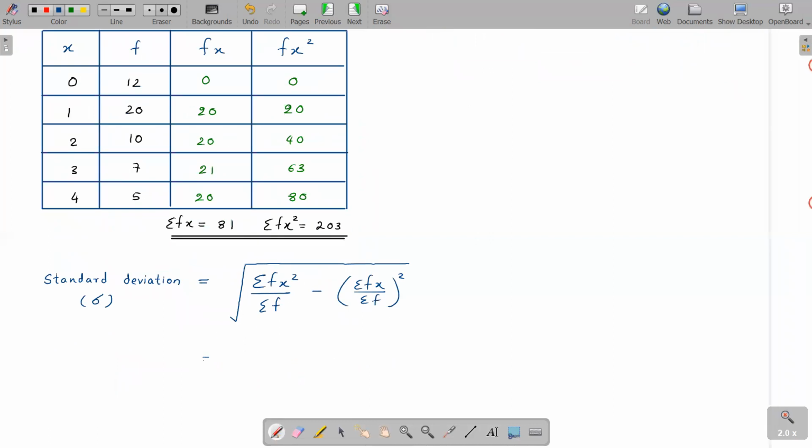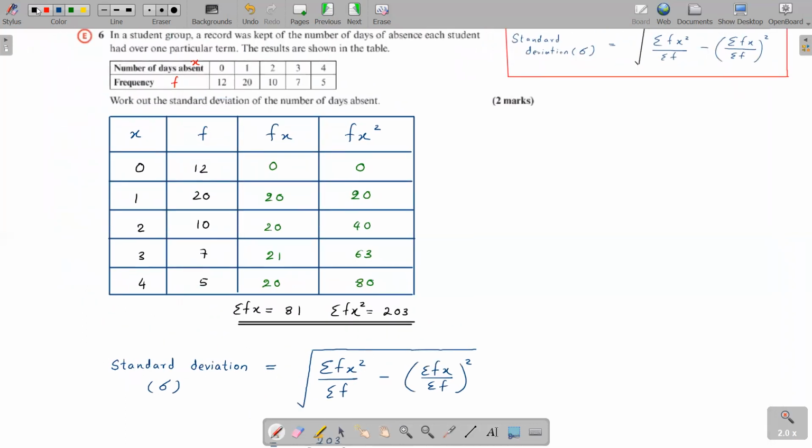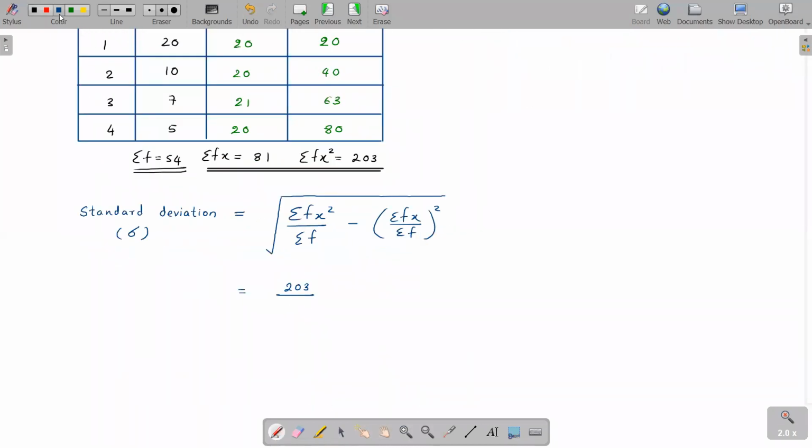So sigma fx square is 203. Sigma f, how much is the total frequency, by the way? I didn't add that. Total frequency is 54. So over 54, minus sigma fx, which is 81, over sigma f, which is 54, whole thing squared, and then you square root.